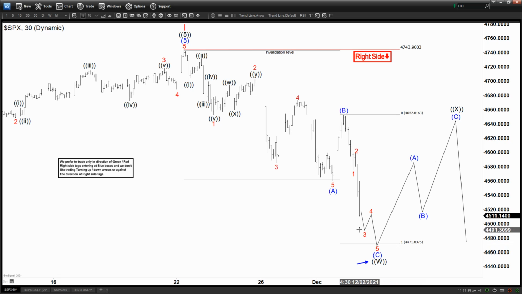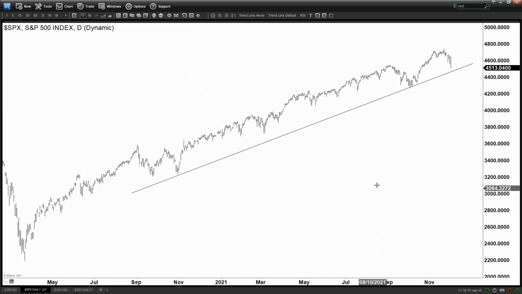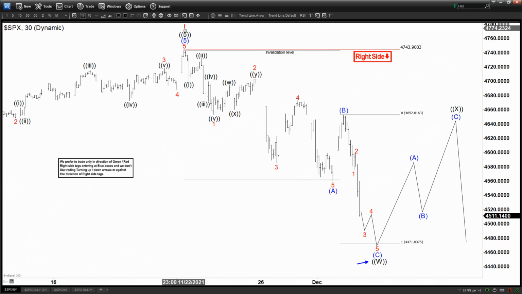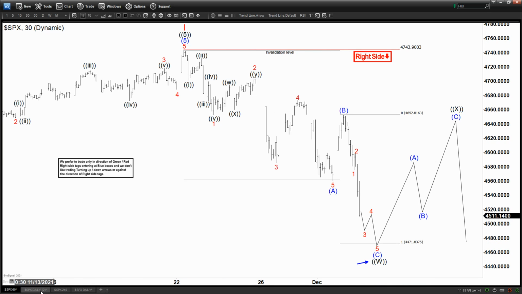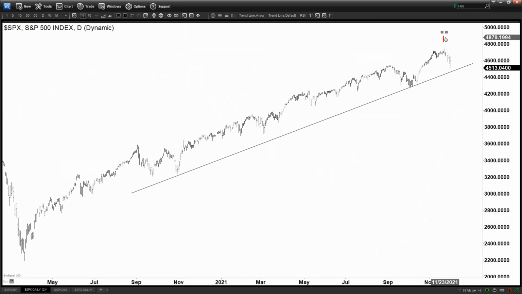Now, what can be the alternate? First of all, let's take a look at zooming out on the S&P. This is the daily chart, and we're calling this wave 1 in the cycle degree here. So this wave 1 is actually the entire cycle from March 2020.